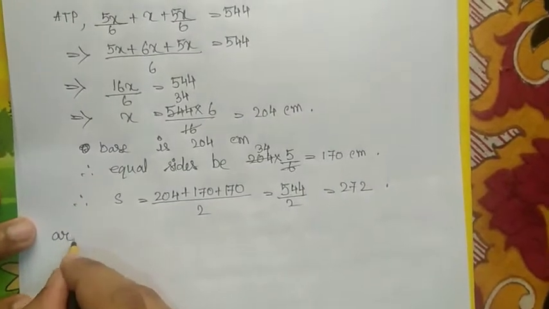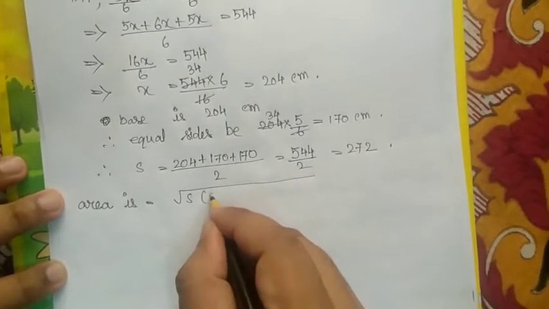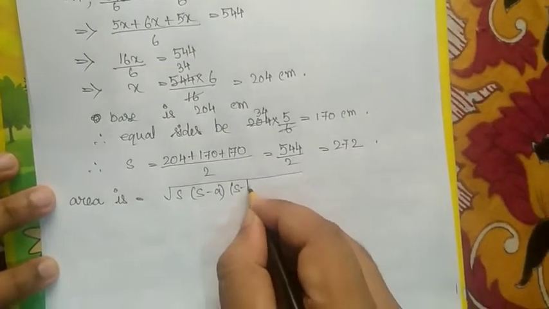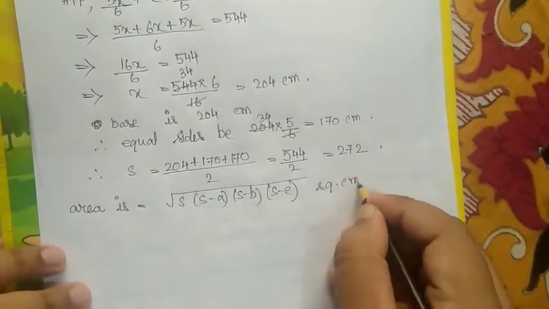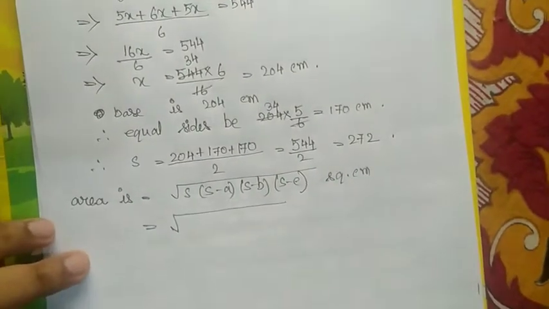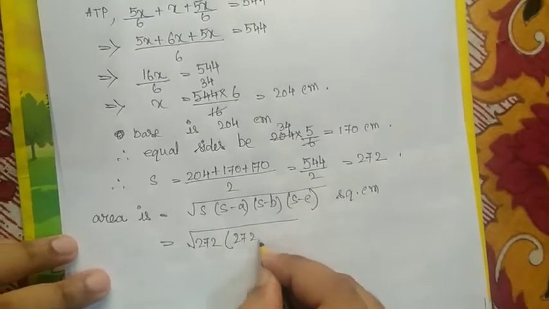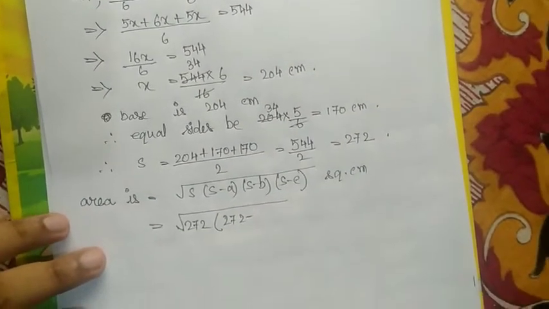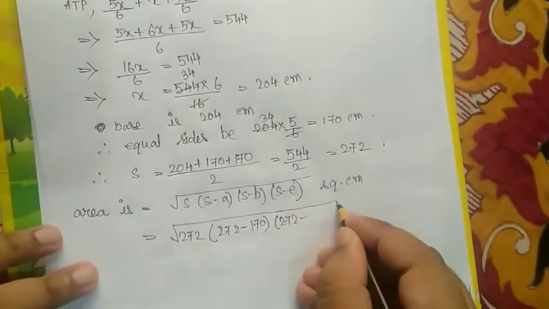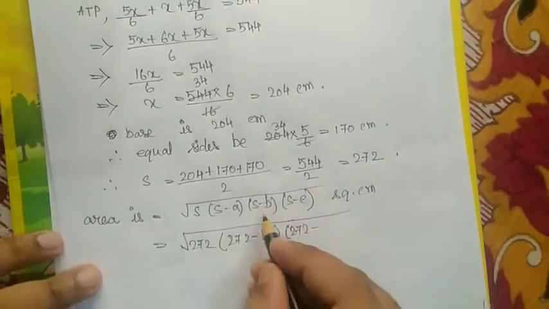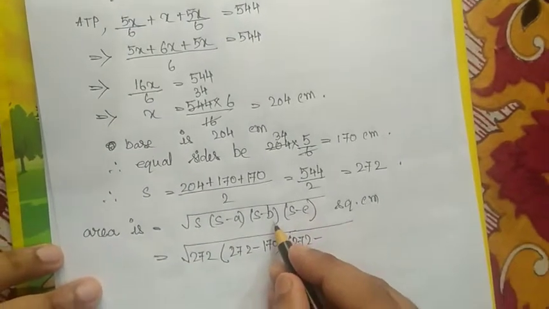So therefore area is root over s into s minus a into s minus b into s minus c square centimeter. Therefore s means 272, s minus a means 272 minus 170. A and c both are equal, 170, and b is the base, 204.